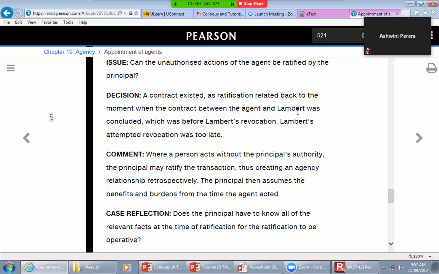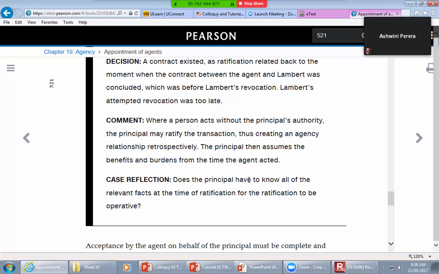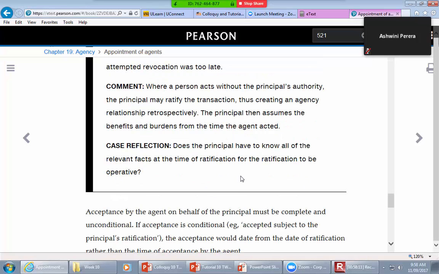So they said ratification has no timestamp. Ratification is simply a tick on something that happened previously. So the acceptance occurred with that agent's actions, even though at that point in time they were not authorized to do that. The principal may ratify the transaction, thus creating an agency relationship retrospectively. The principal then assumes the benefits and burdens of that relationship.